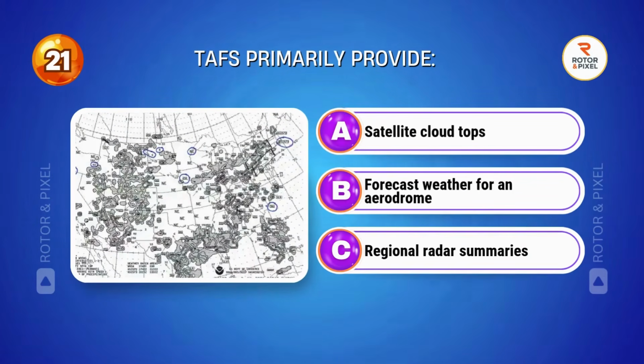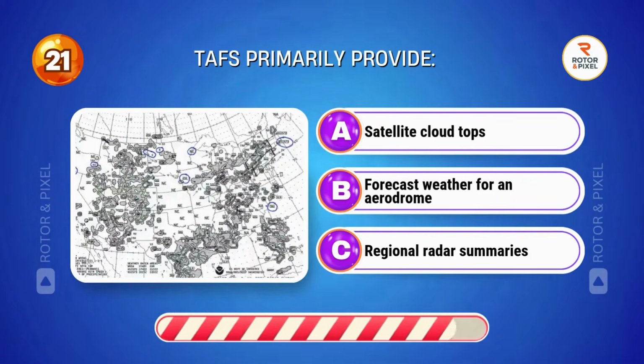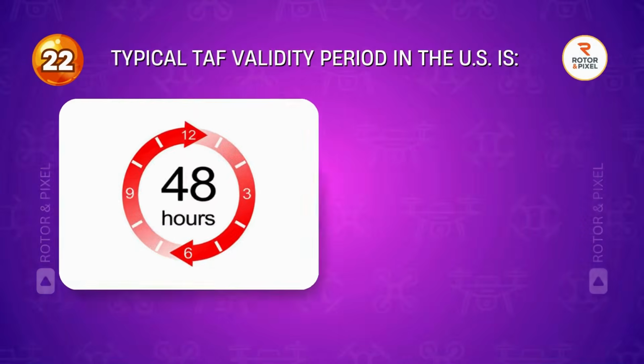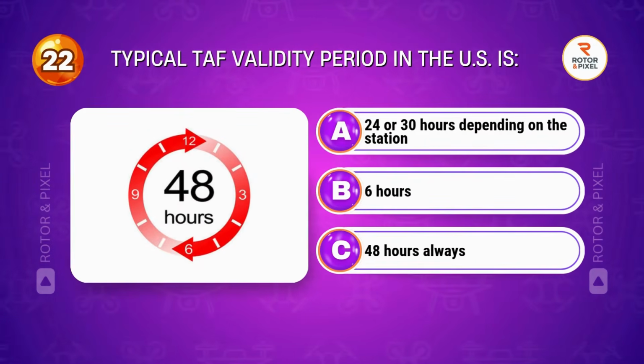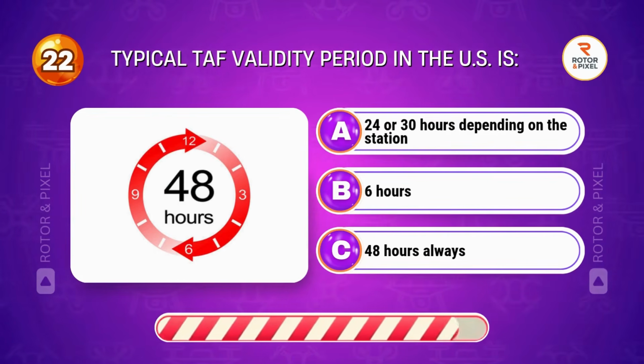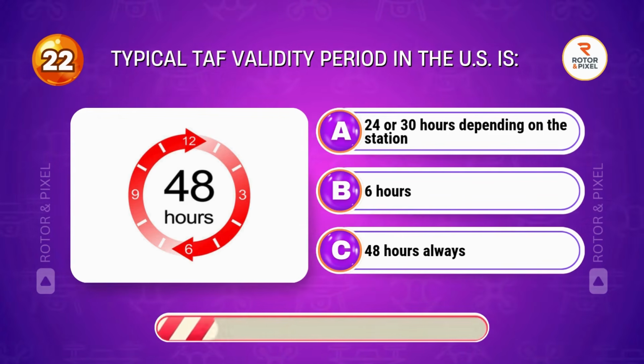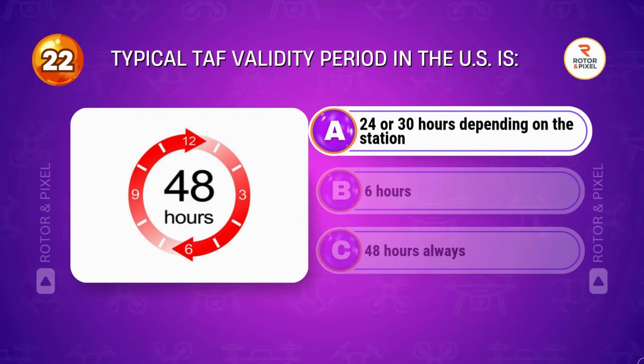TAFs primarily provide? Answer B, forecast weather for an aerodrome. Typical TAF validity period in the U.S. is? Answer A, 24 or 30 hours depending on the station.